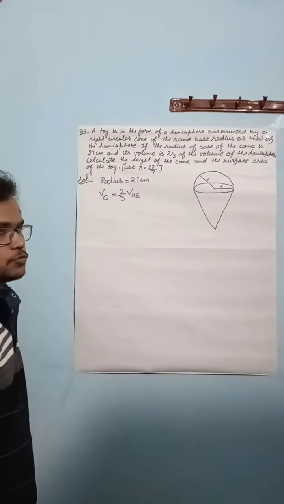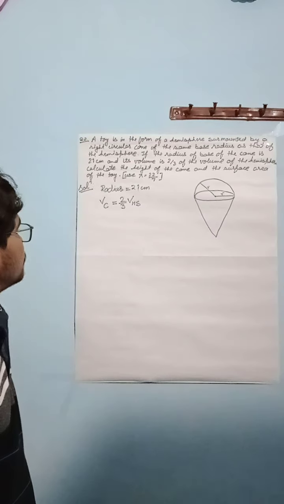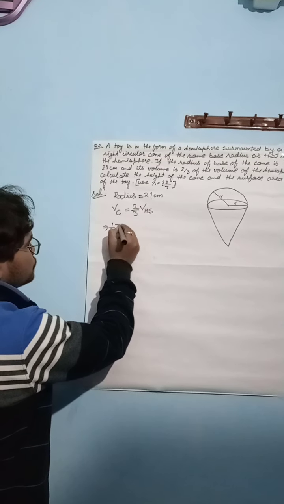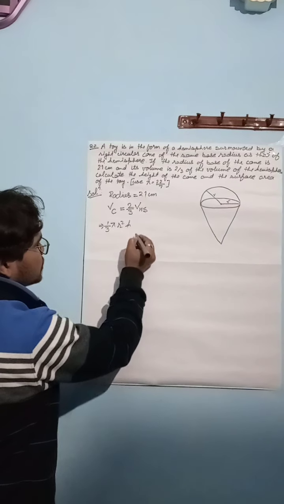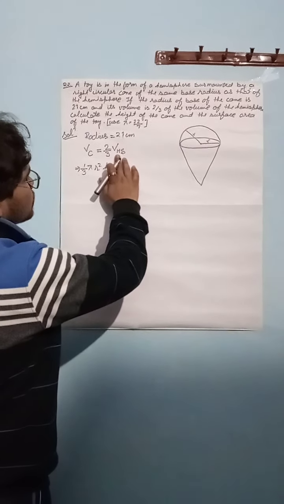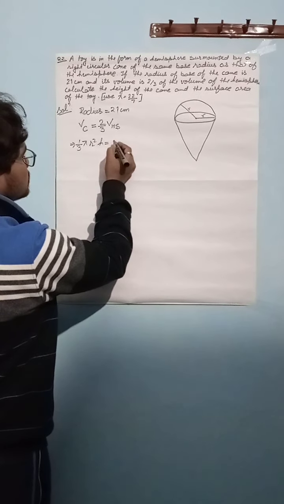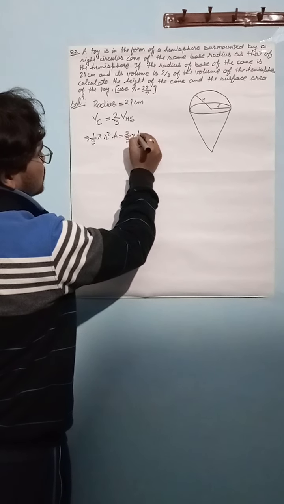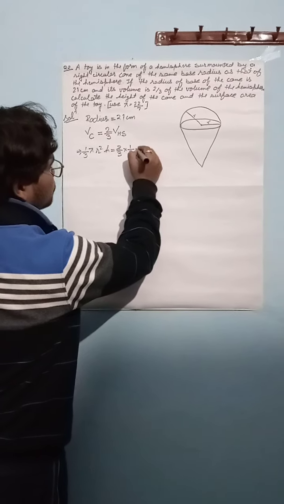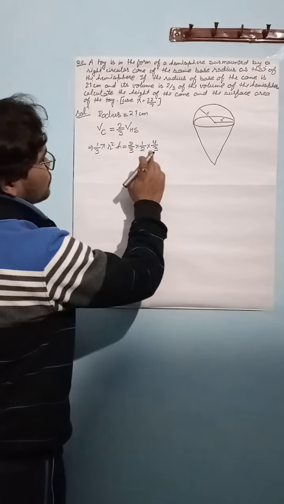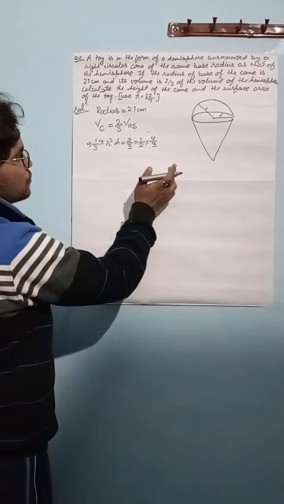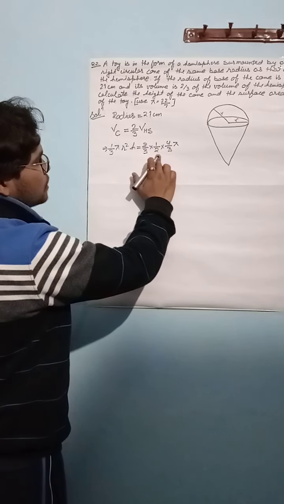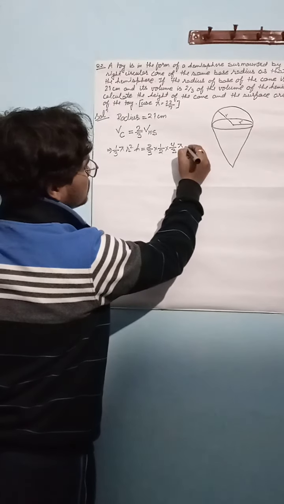Here we have to know the formula of volume for a cone, that is 1 by 3 pi r square h, and the volume of a hemisphere is half of the volume of a sphere.